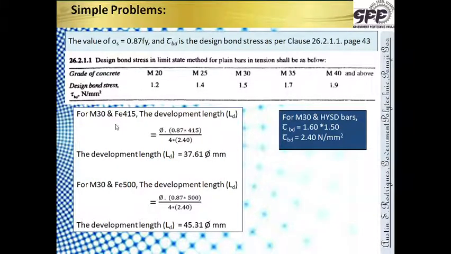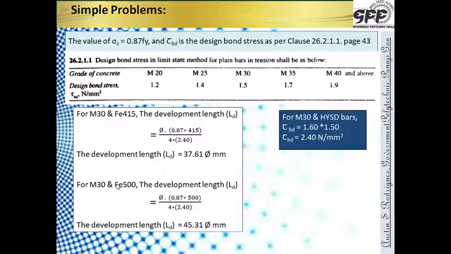Now coming to the next one over here, M30 and Fe415. For M30 it is 1.5, enhancing by 60% means multiplying by 1.6, we get the value as 2.4. So phi into 0.87 into Fy, Fy is 415, divided by 4 tau bd, which is 2.4. From here we get the development length LD equal to 37.61 times the diameter.